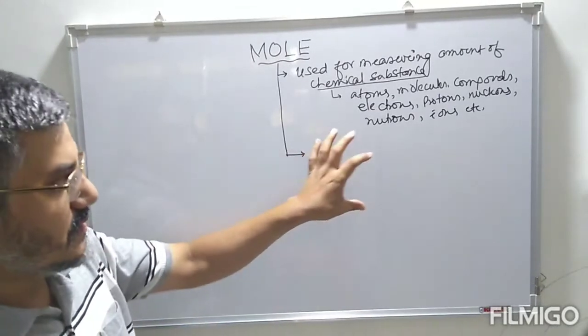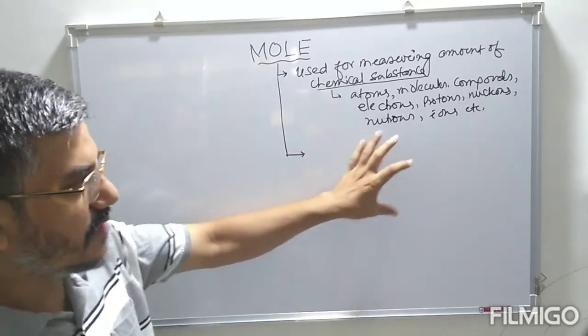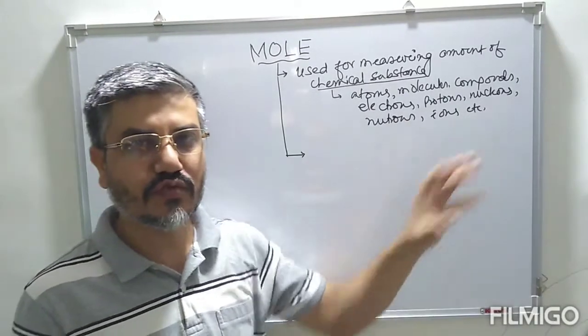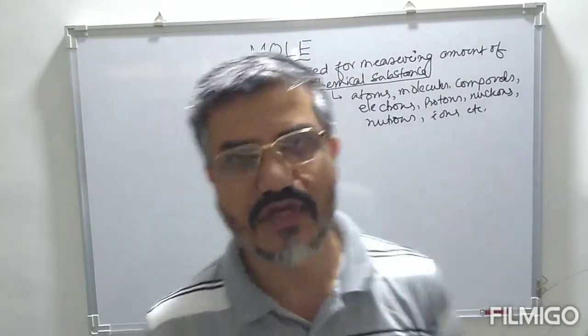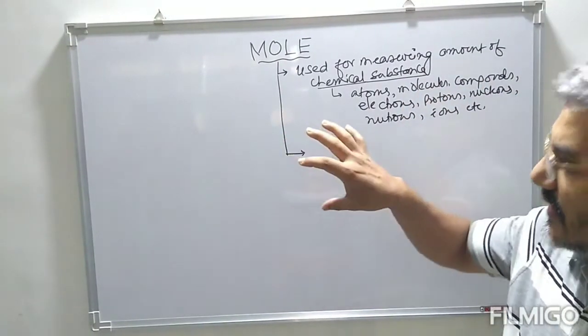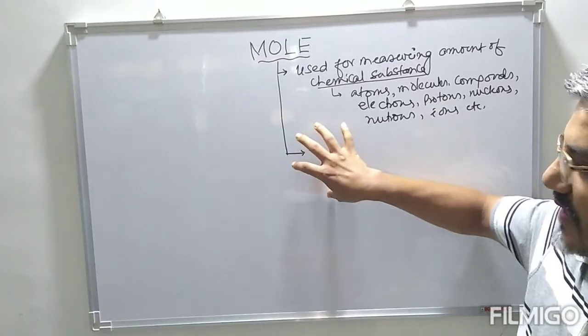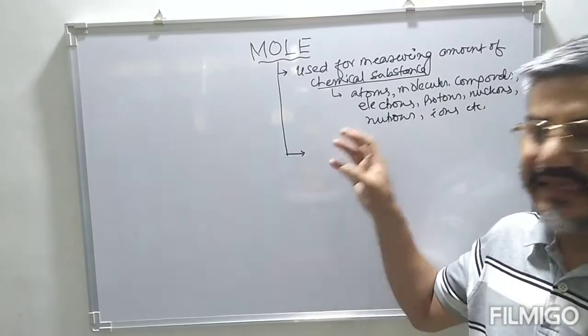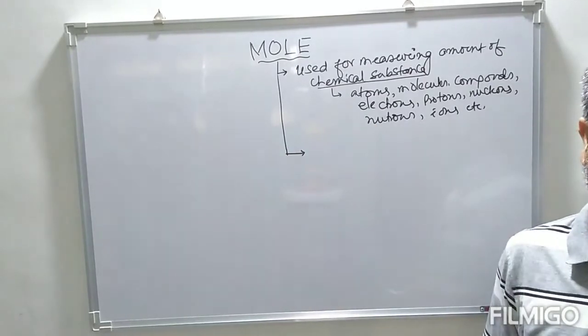Since 12 gram of carbon 12 contains 6.02 into 10 to the power 23 atoms, this was considered as 1 gram atom. So that quantity, 12 gram of carbon 12, is taken as a reference.